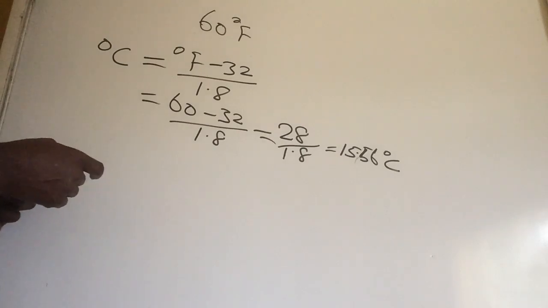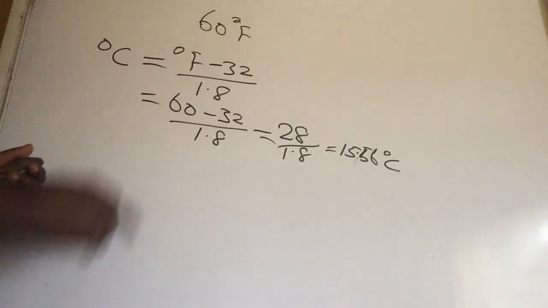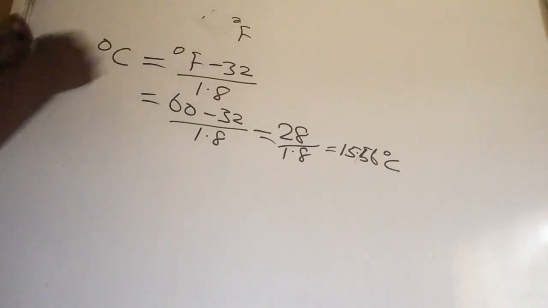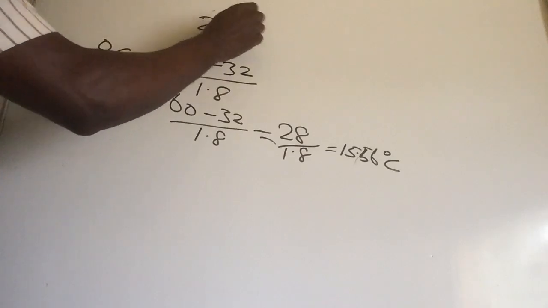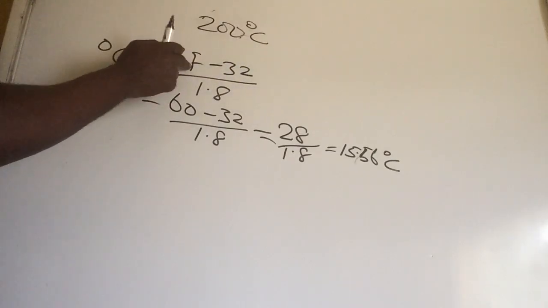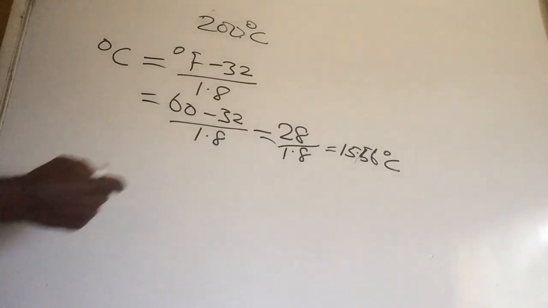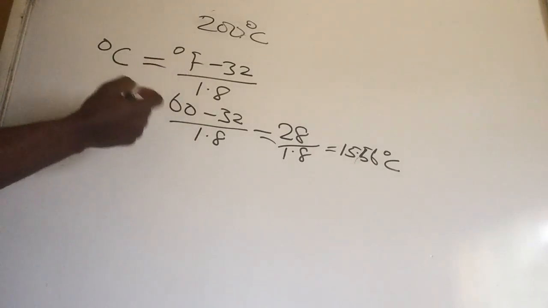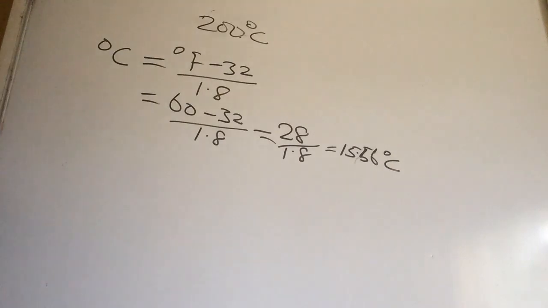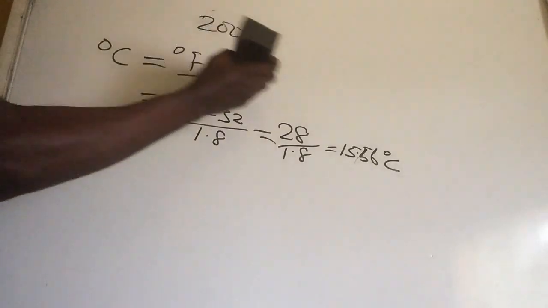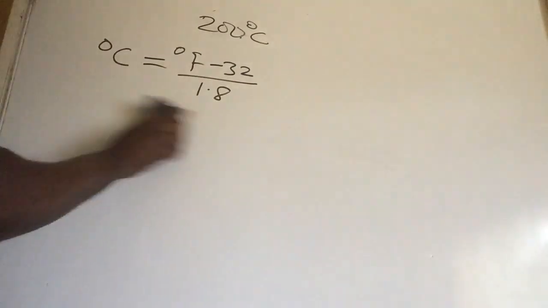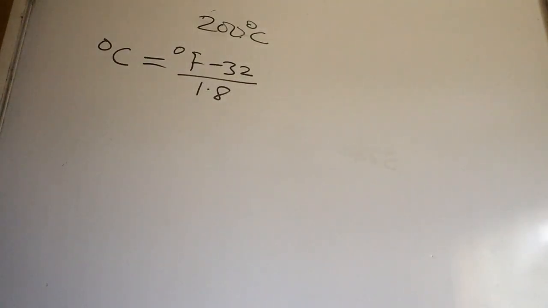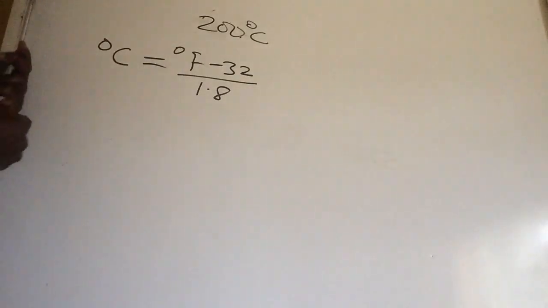Then maybe you have 200 degrees Celsius and you want to convert it to Fahrenheit. You make use of your formula, which is the same as the previous one, but now you have to make F the subject of the formula.